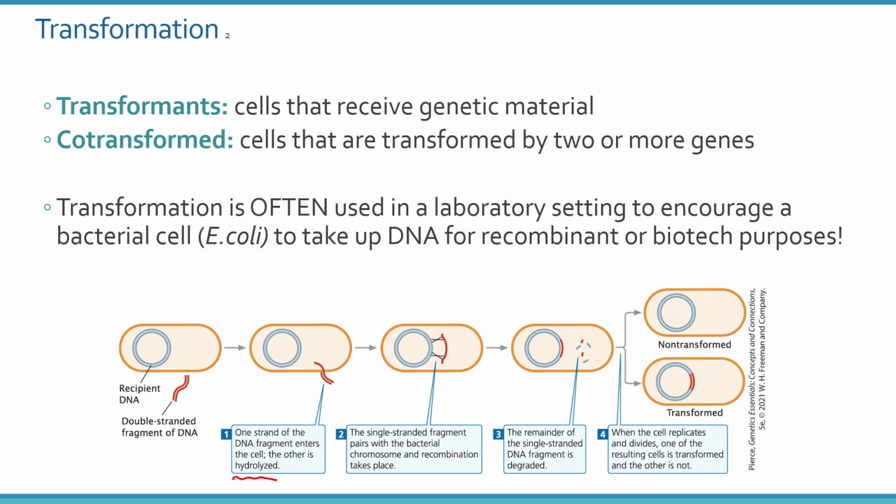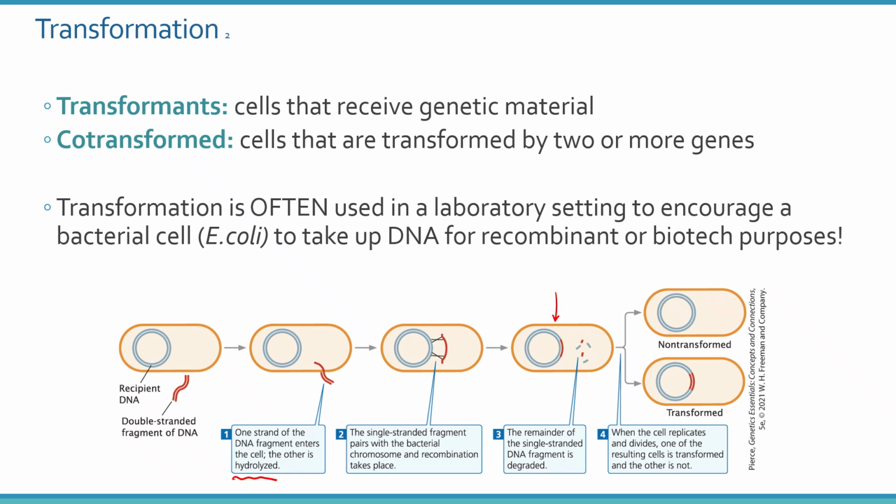And then in order for this to be integrated, it has to be brought in by crossing over. And since it's single-stranded, that crossing over has to happen between one side of that genomic chromosome. And so then any remainder that is excised during that crossing over is going to be broken down and degraded.